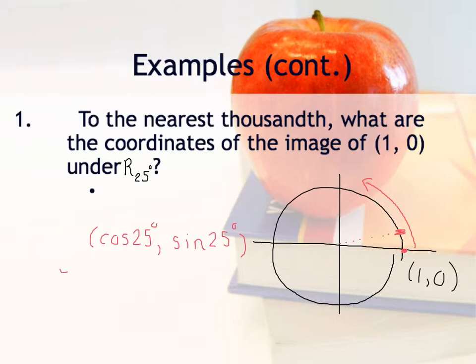Well, if you find those values, you find that to the nearest thousandth, the cosine would be 0.906, and the sine 0.423. That's where the image would lie if we rotate the point (1, 0) counterclockwise 25 degrees.